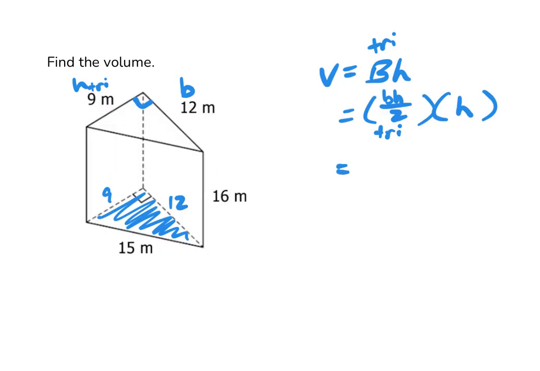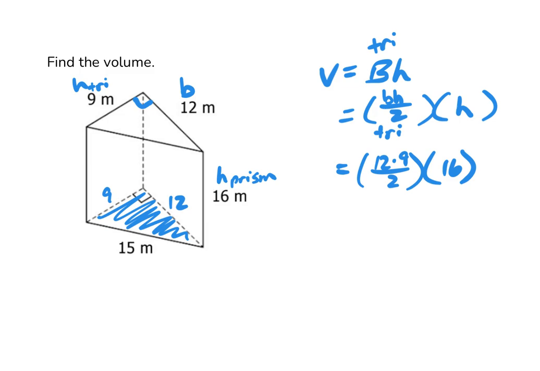This here is the height of the whole thing. So there's two different H's, and they're different. It can be a little bit confusing, but they're both considered to be heights, just different types of heights. So we'll do 12 times 9 divided by 2 times the height of the prism.